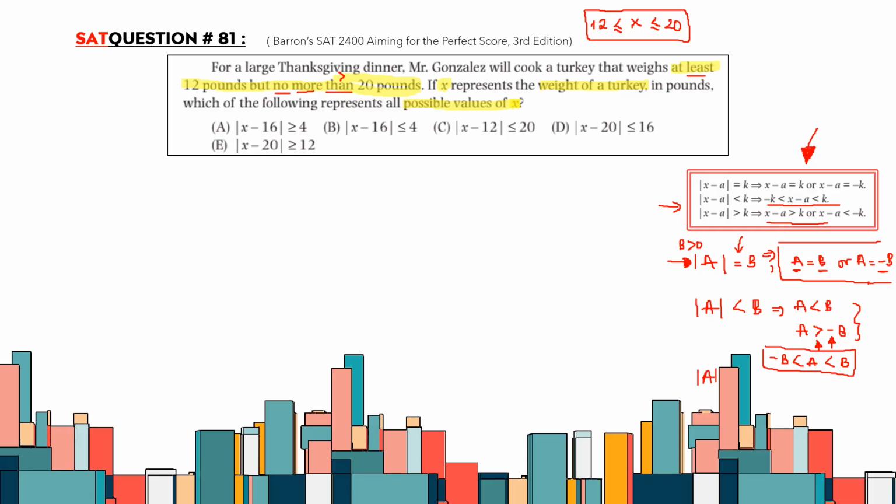The last one is if |A| is greater than B. I use the same technique: rewrite it without the absolute value, so A greater than B. Then change the sign of the inequality and make B negative. So in this case, A is less than negative B, or A is greater than B.